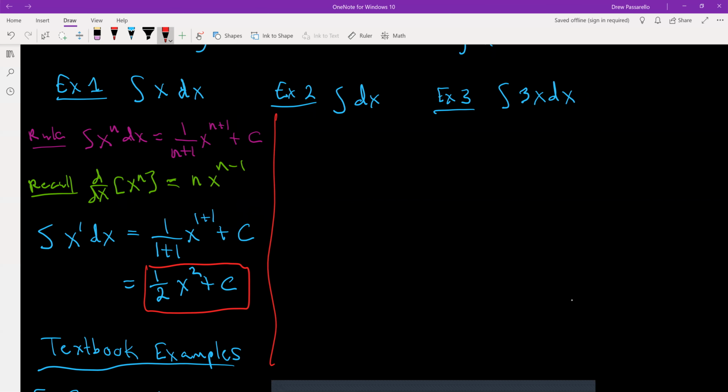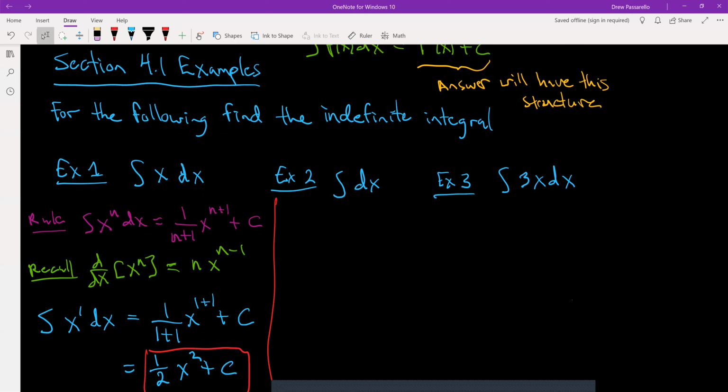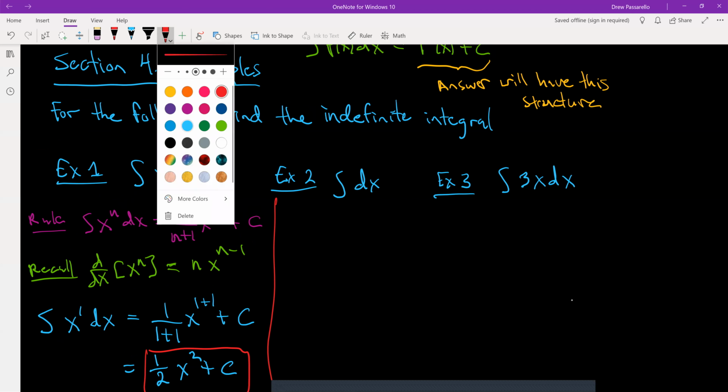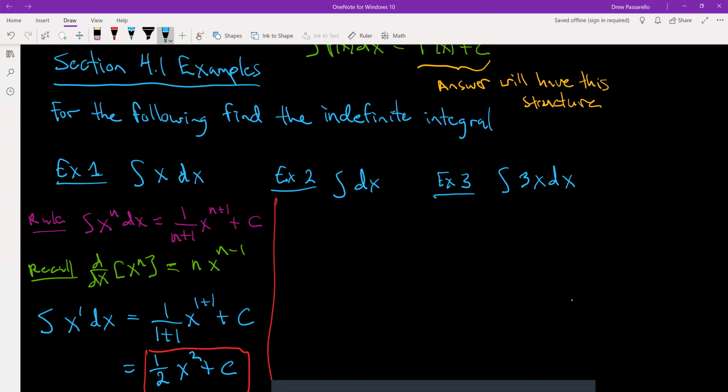Now number 2. So we have an integral, and notice this, it's blank, it's just dx. It might be helpful to just go ahead and write it as 1 times dx, since 1 times anything gives you that same quantity.